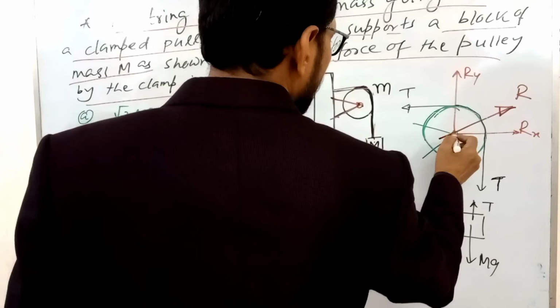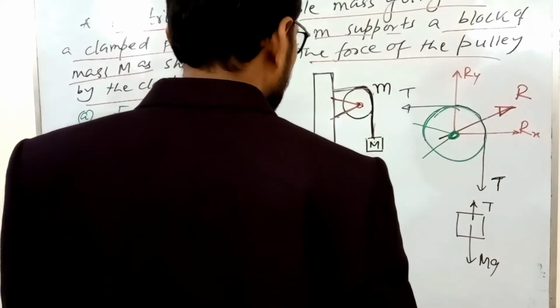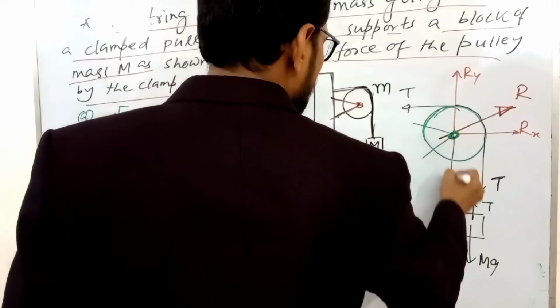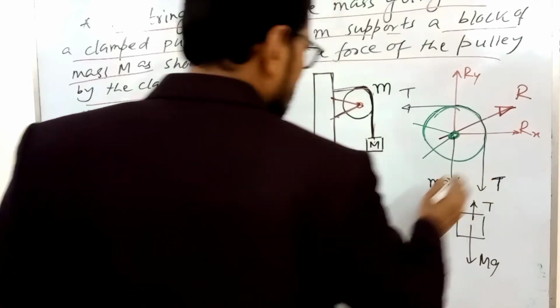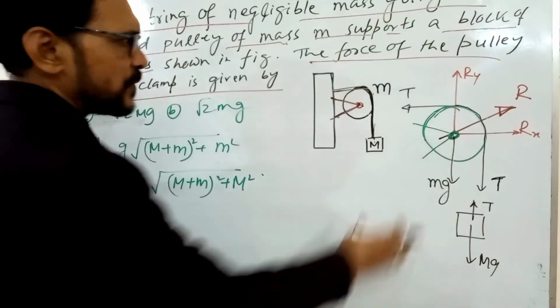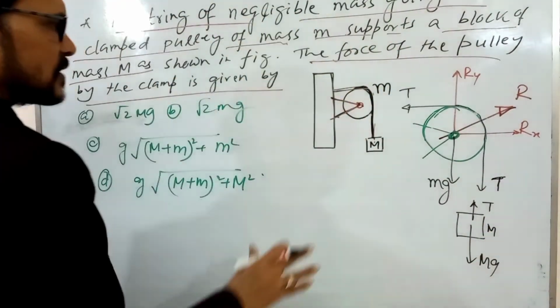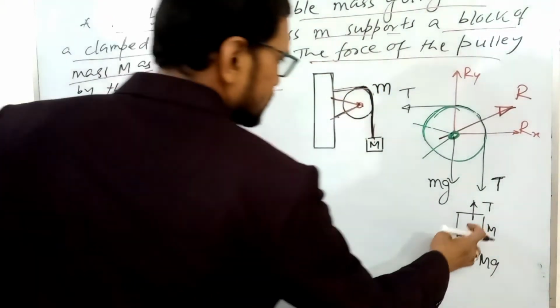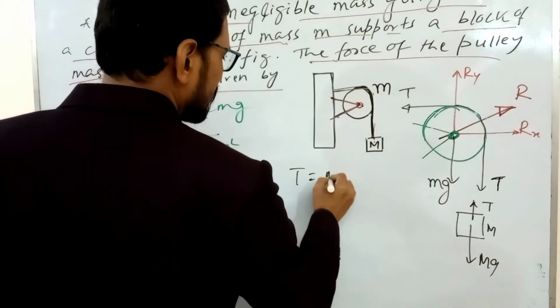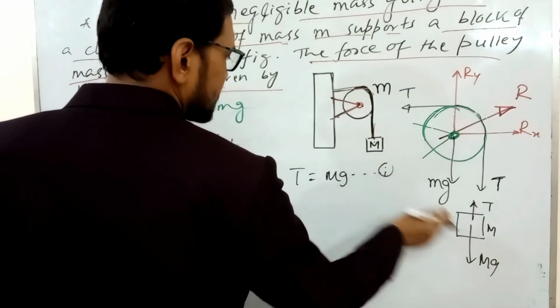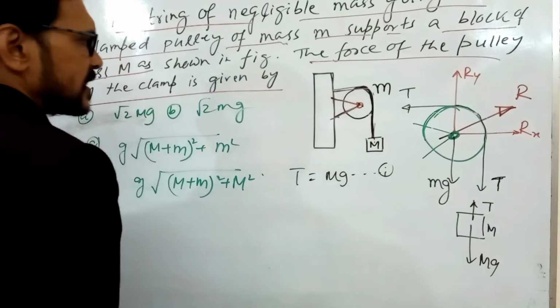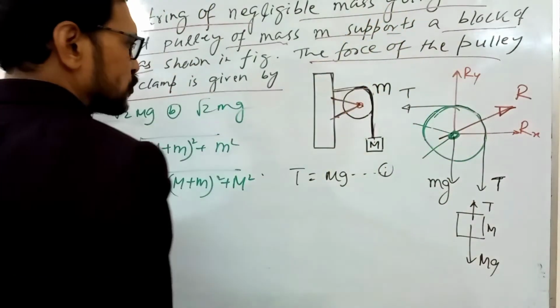Also the weight of the pulley is present, which is mg. These are the free body diagrams of the pulley and the block of mass m. Now the system is in equilibrium, so we can write T equal to mg. This is for equilibrium of the block of mass m.